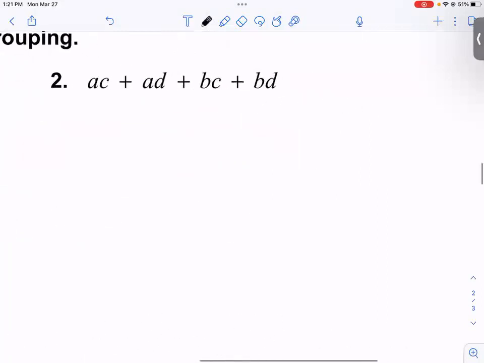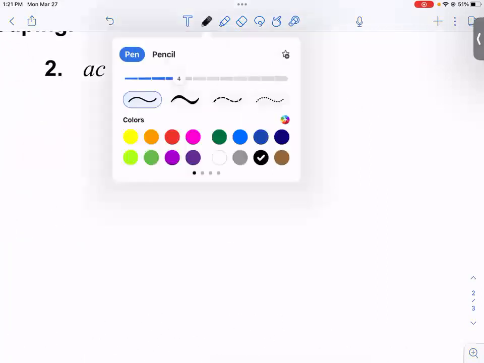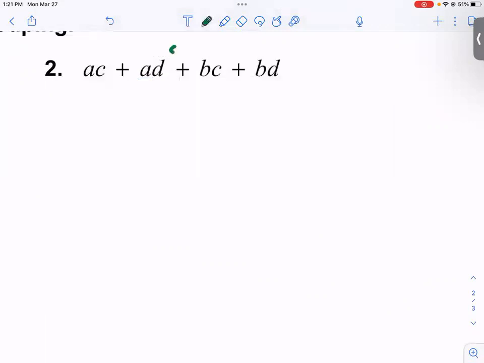So here, let's look at number 2. Number 2, we have 4 terms. Let's split them in half. Okay, what is the GCF of the first two?